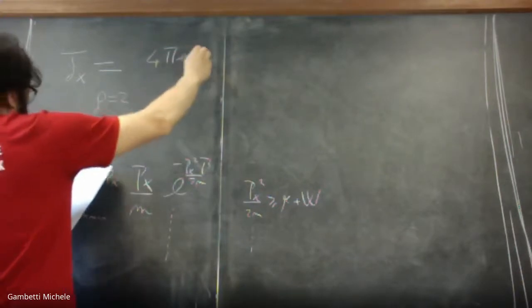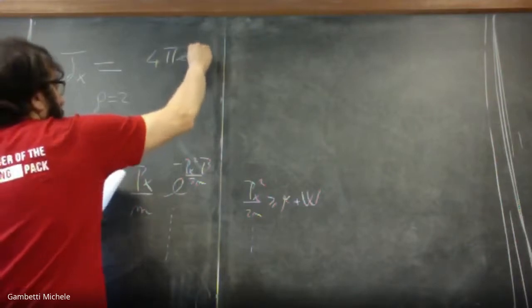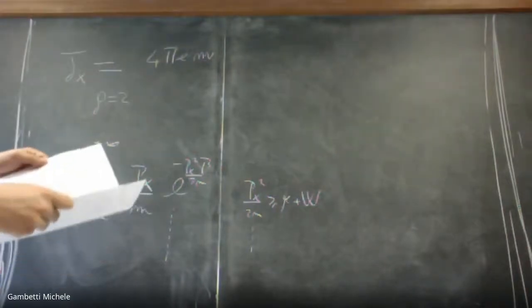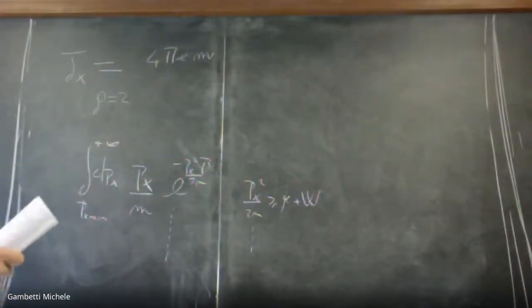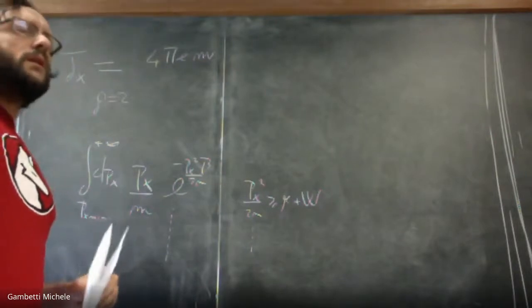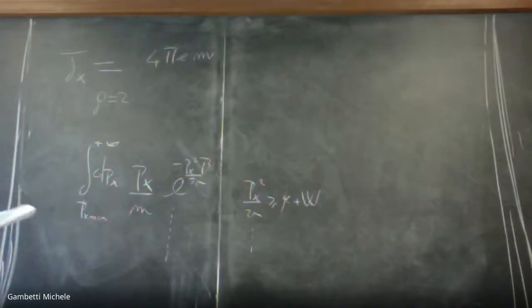Sorry, no, this is not n, but this is m actually. The n cancelled at some point, because there was a V at the numerator, there was a V divided by N, that's why I have not that in there.